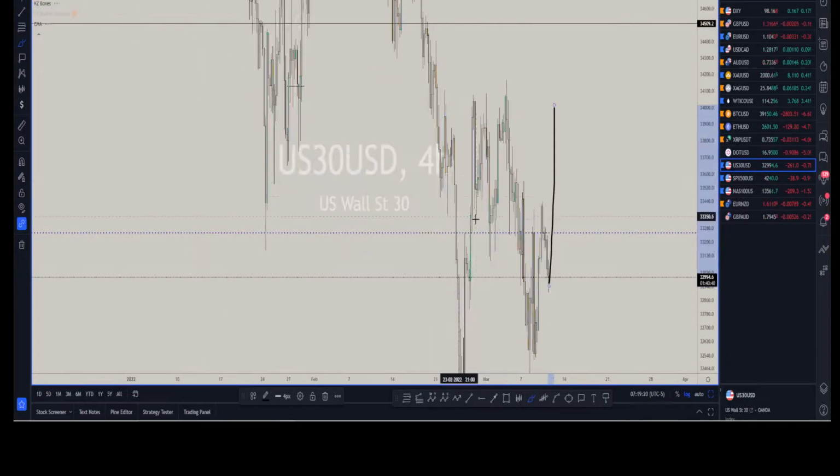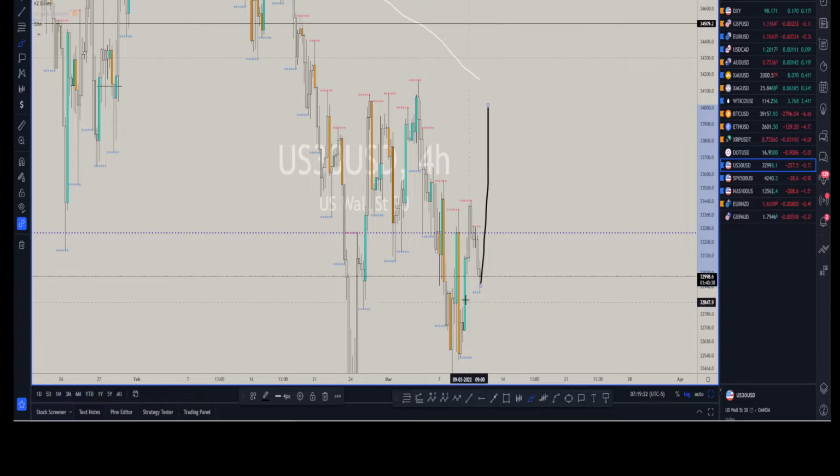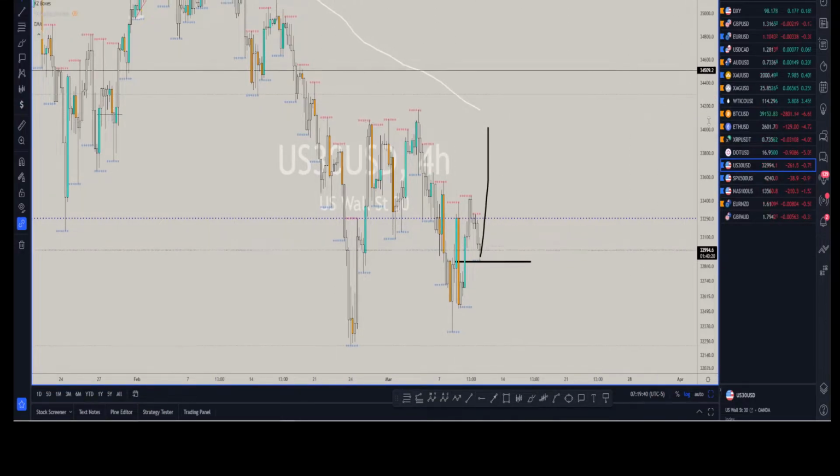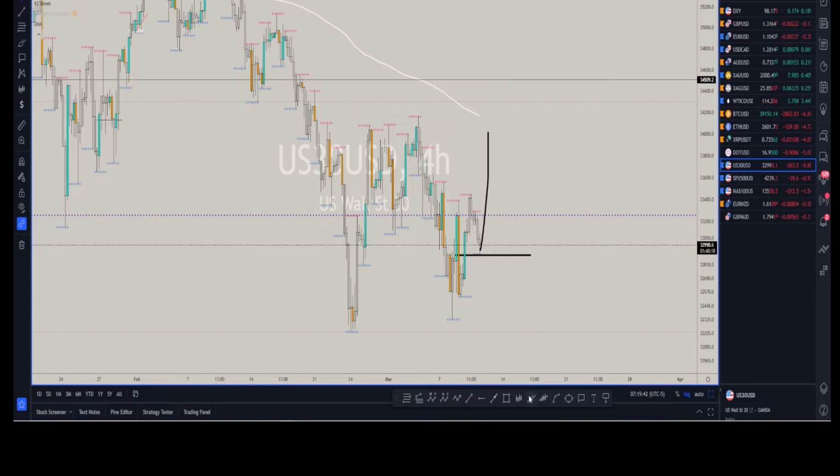Do I see it? Well, let's check the higher time frame. What do we have? We just filled the fair value gap right here. Is it an entry to go long? You can consider it. Yeah, why not? Till here.